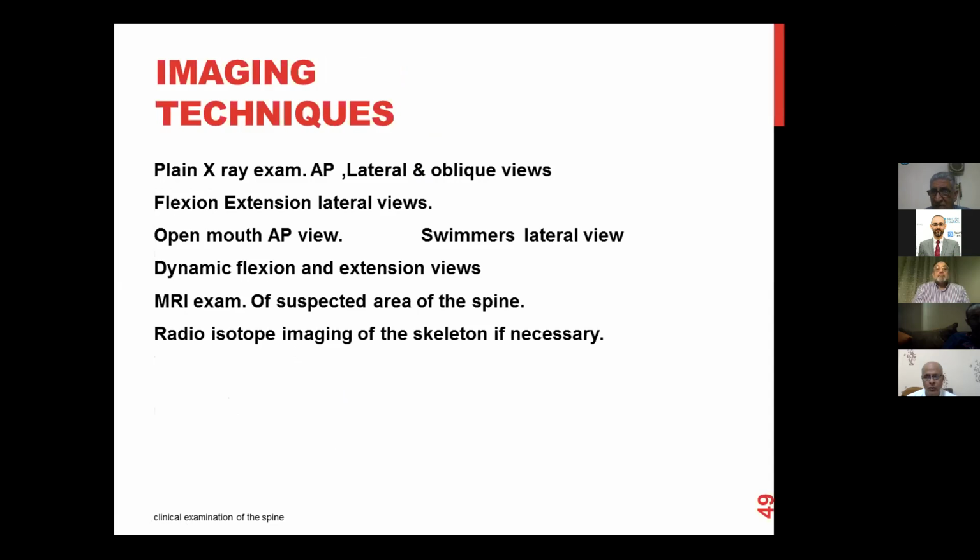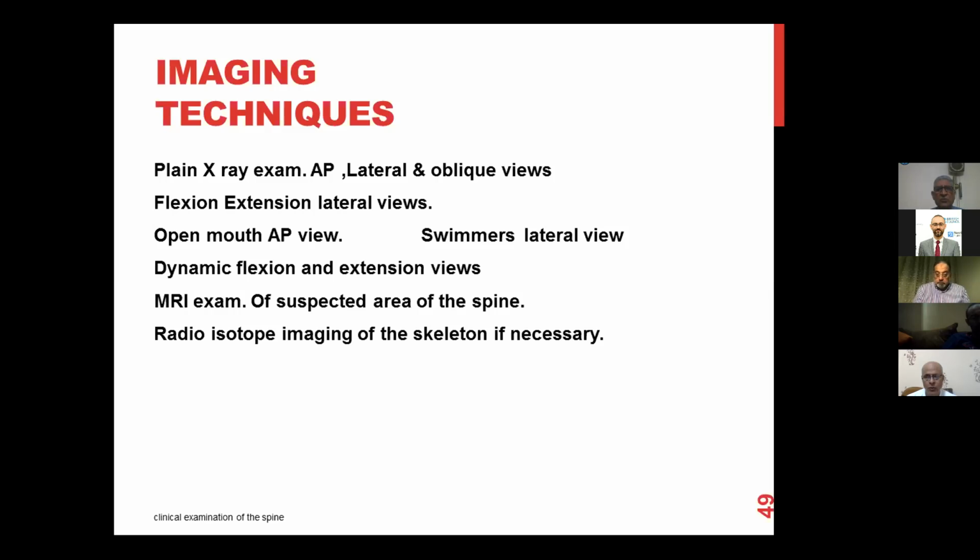Graham Apley said that we don't see the bones, we feel them, we see them by X-ray. So the completion of the physical examination of the skeletal system is completed by radiological examination of the spine.